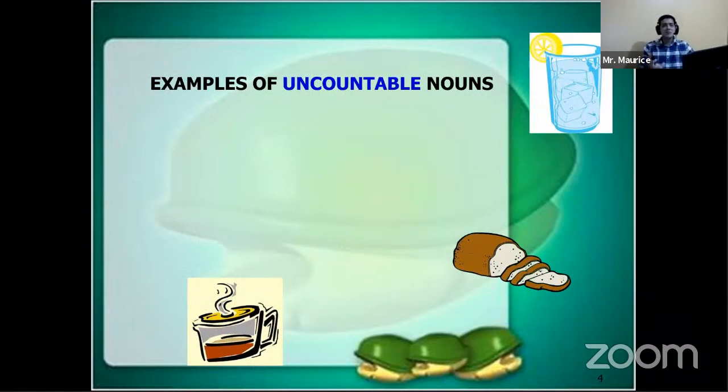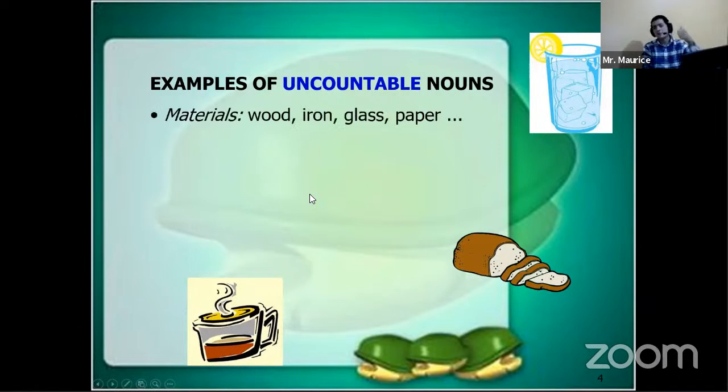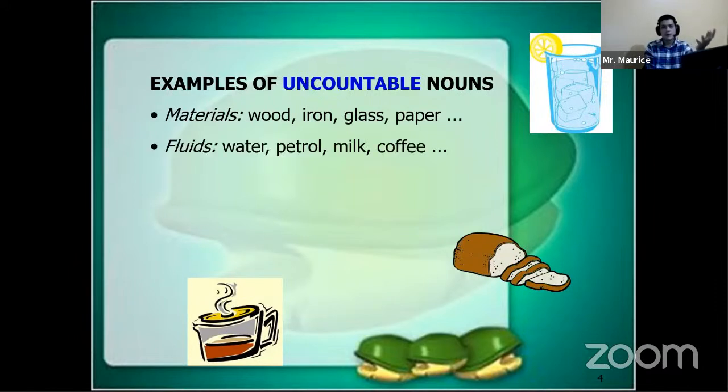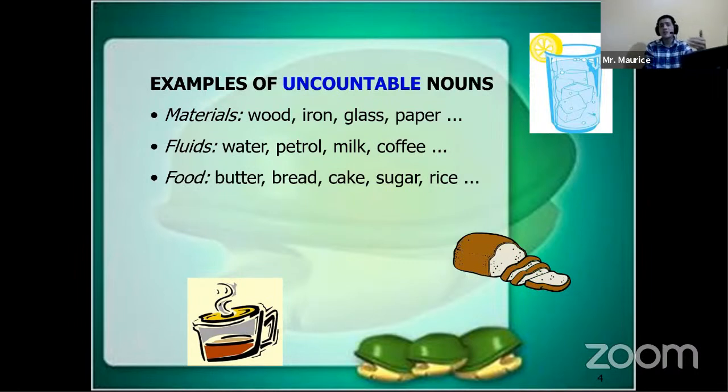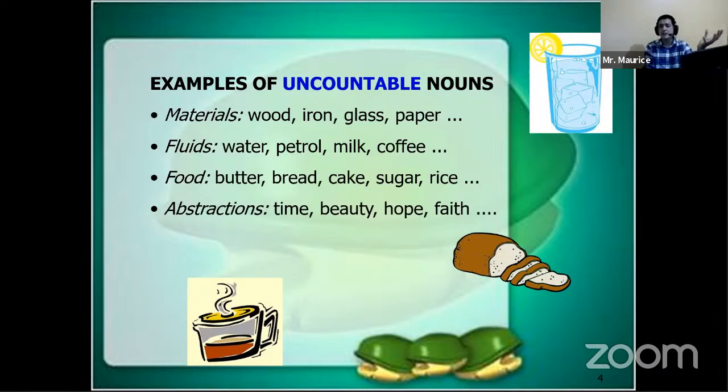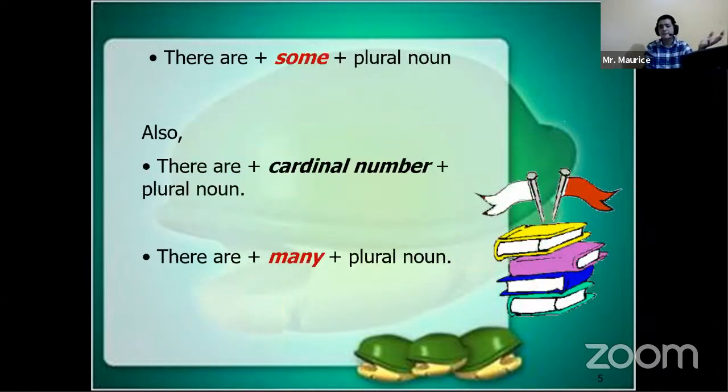Here we have some examples of uncountable nouns. Look. Materials: wood, iron, glass and paper. Fluids: water, petrol, milk, coffee. Food: butter, bread, cake, sugar and rice. Abstractions: time, beauty, hope and faith.